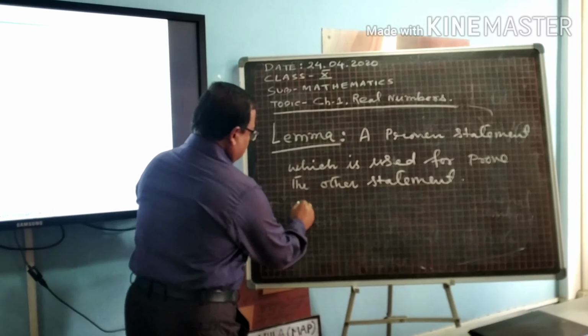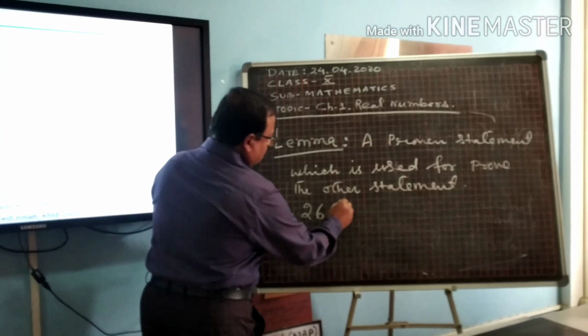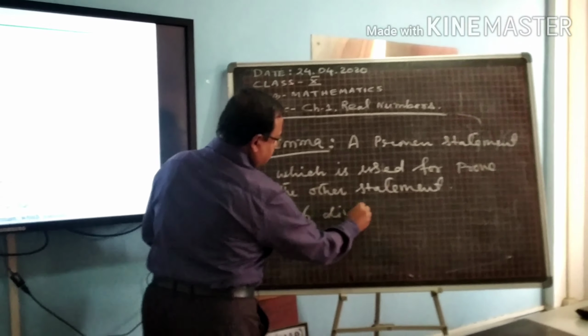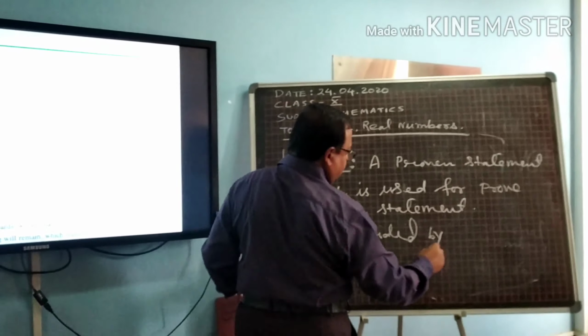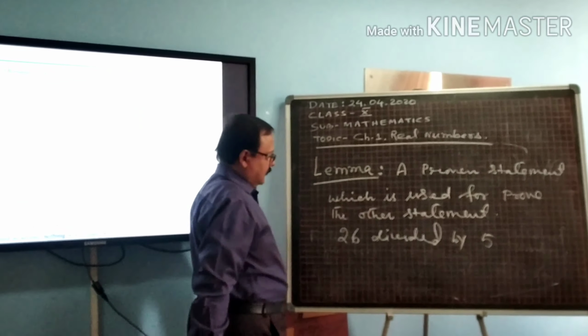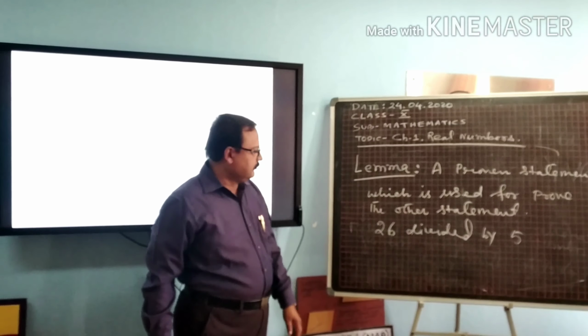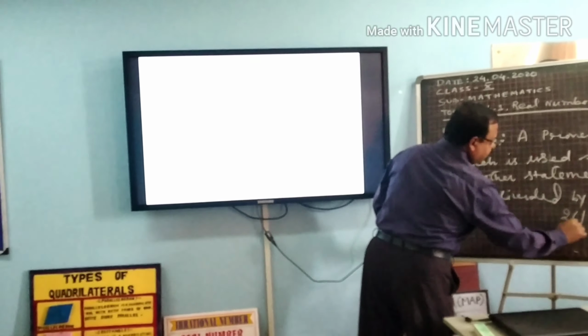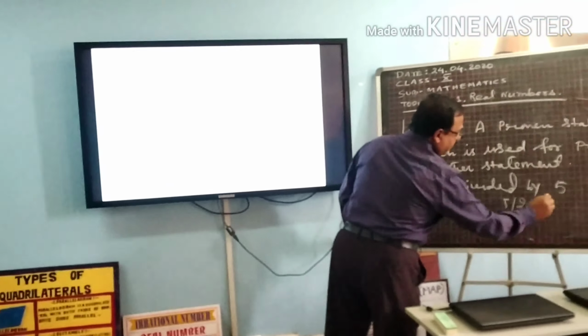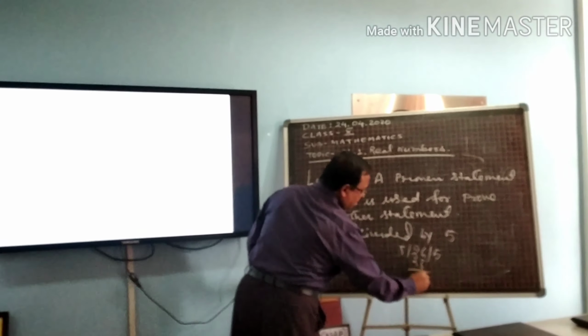Suppose 26 divided by 5. We observe 5 times 5 is 25, remainder is 1.